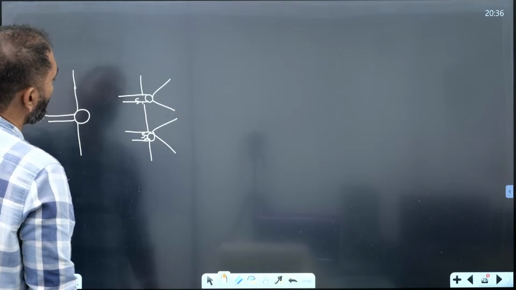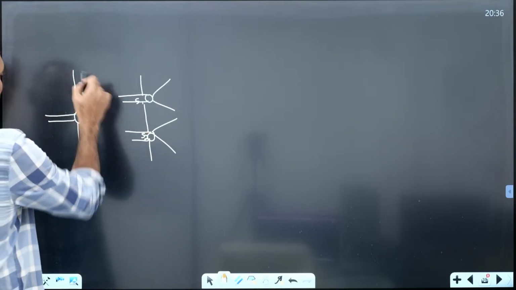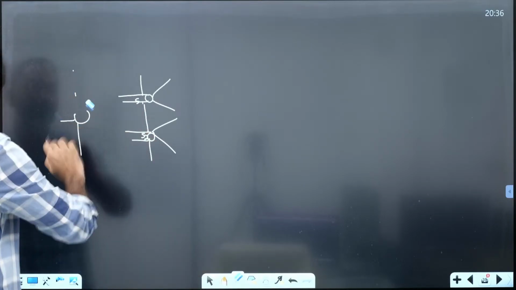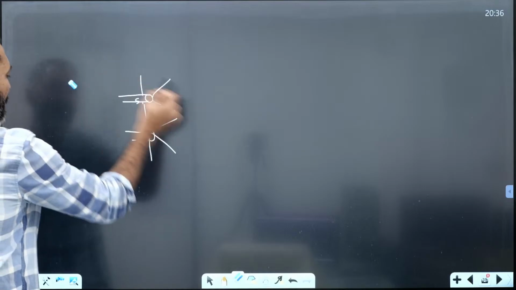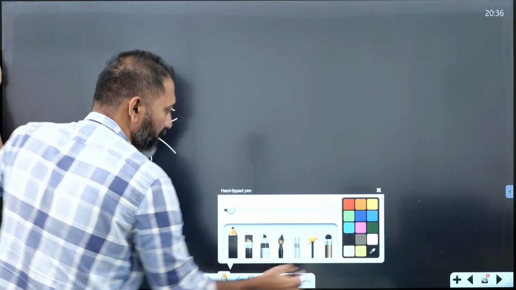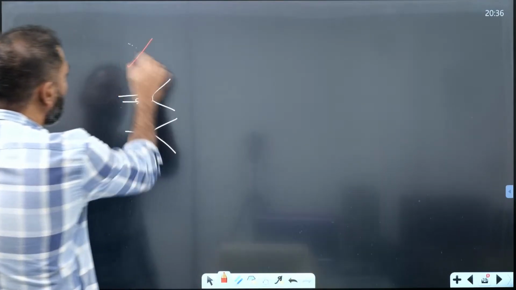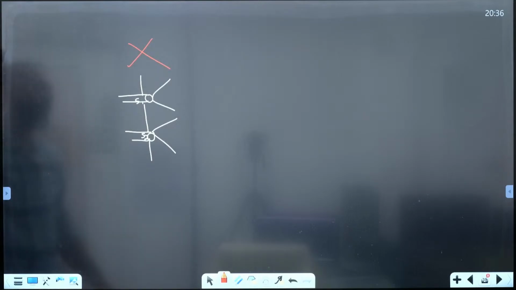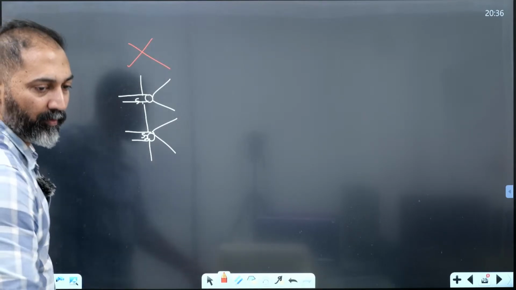Why is this method of using two separate monochromatic sources of light wrong?